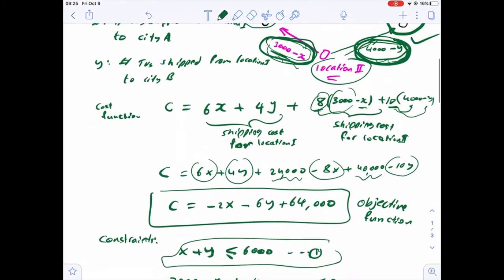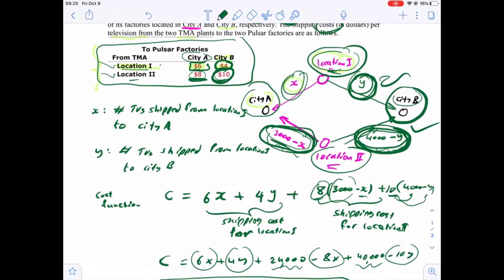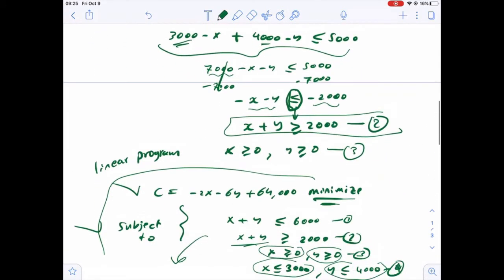Now, what happens if, for example, x exceeds 3,000? Let's say 4,000. Then we have here 3,000 minus 4,000. It becomes negative 1,000, and that's impossible to have a negative number of items.